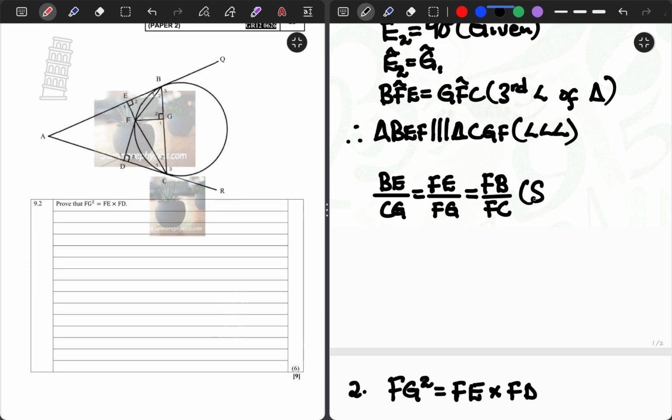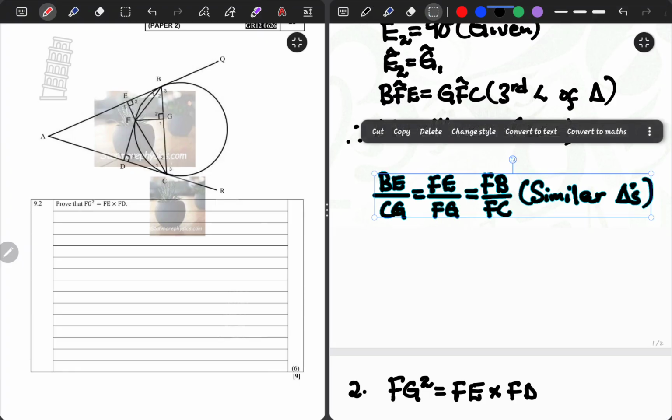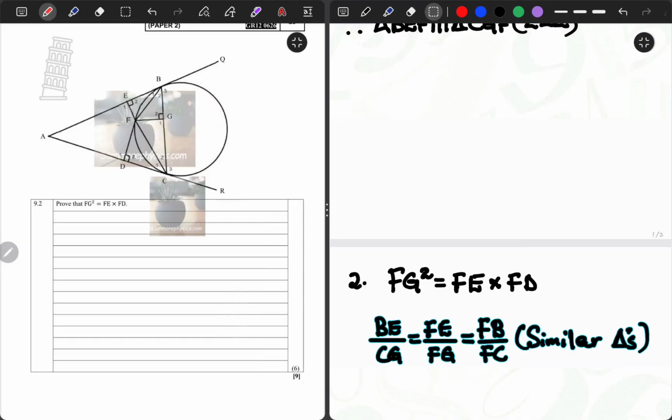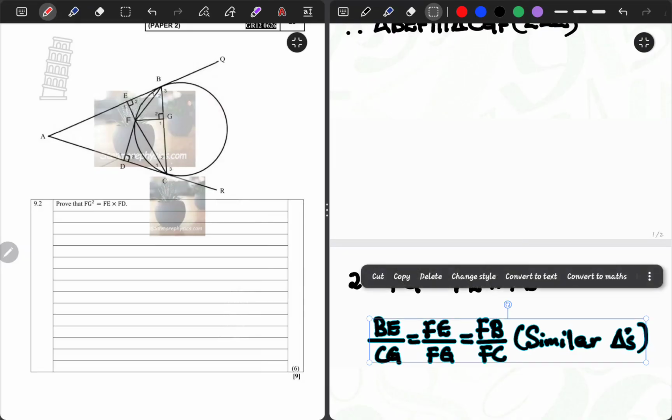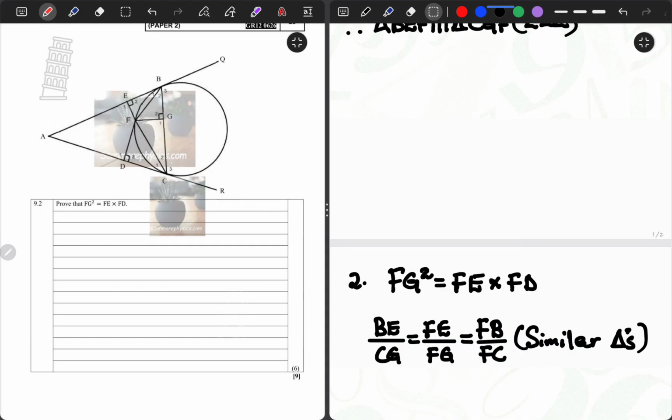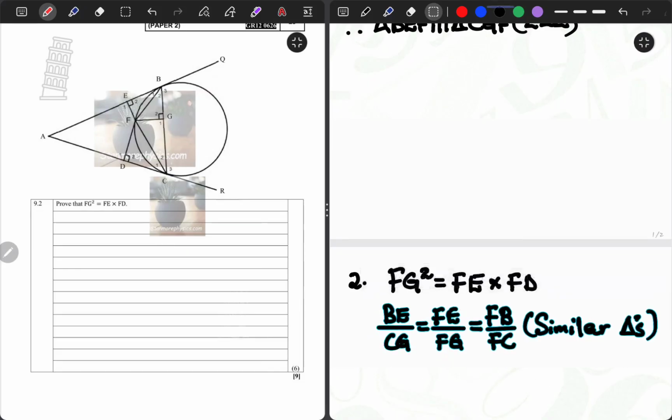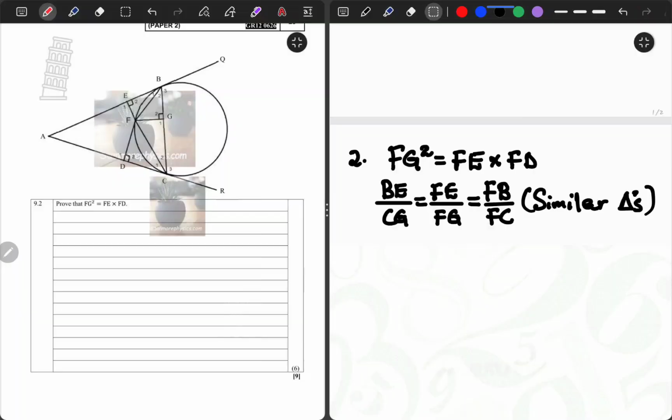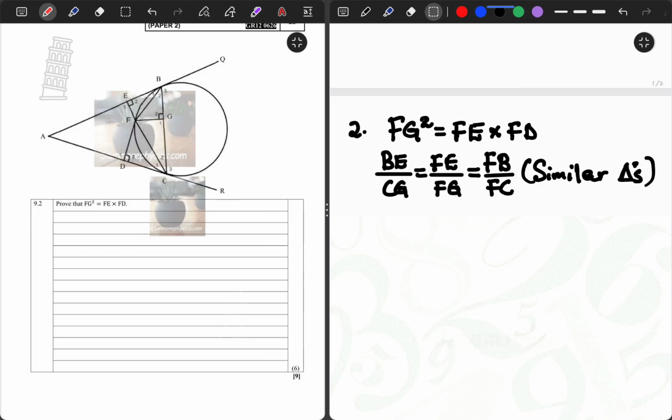We derive this because of similar triangles. So I'll take this down there and see what I can do from this. Let me have that for now and see what I can do.